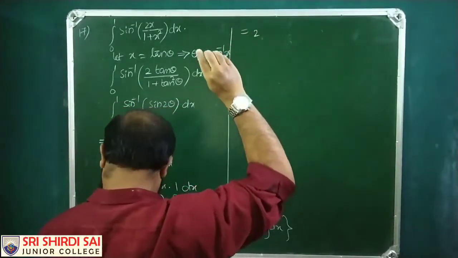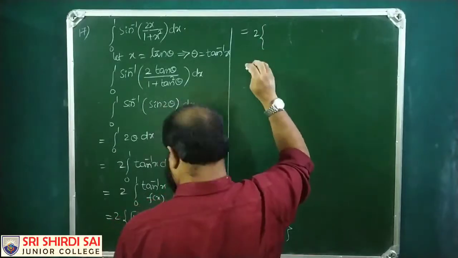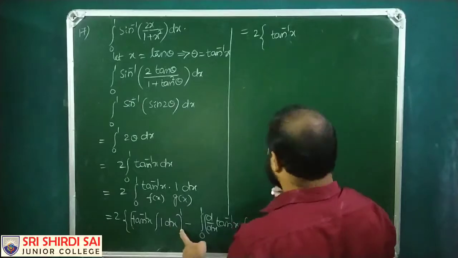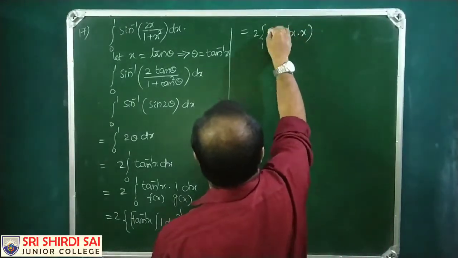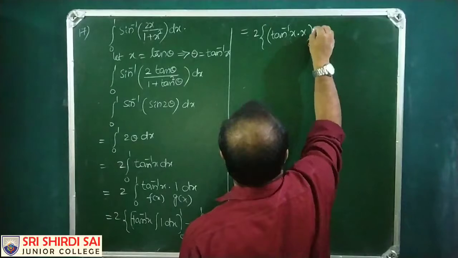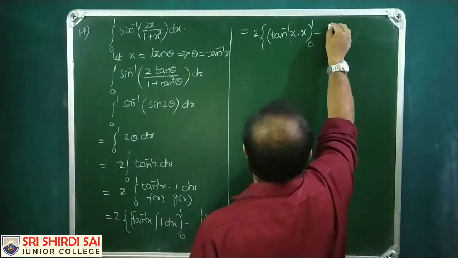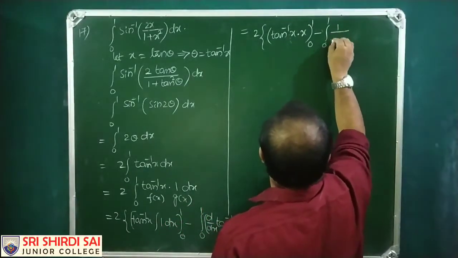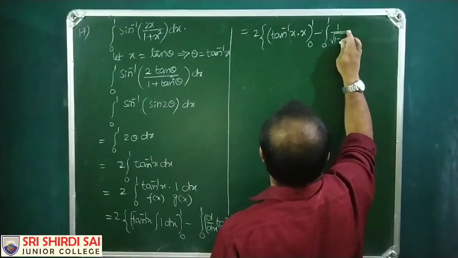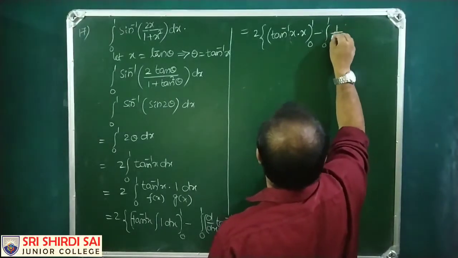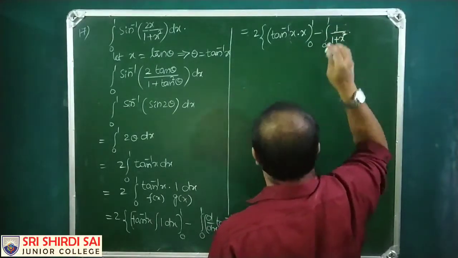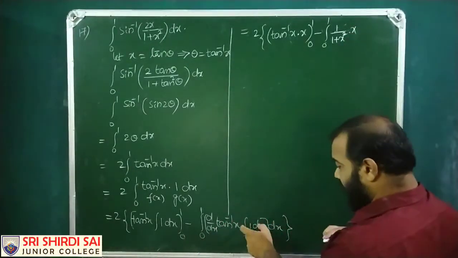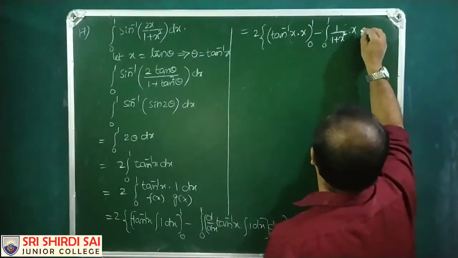So 2 into tan inverse x, integral 1 dx is x, since the process is over, 0 to 1, minus integral 0 to 1, d by dx of tan inverse x is 1 by 1 plus x square, into integral 1 dx, which is x. See, integral 1 dx is x, and this dx is as usual.